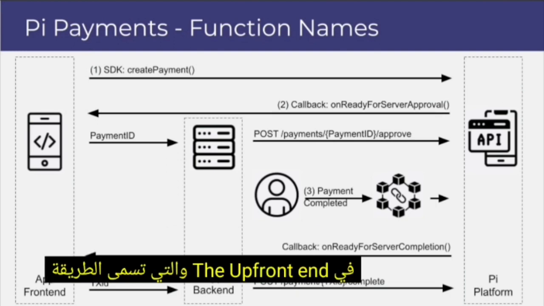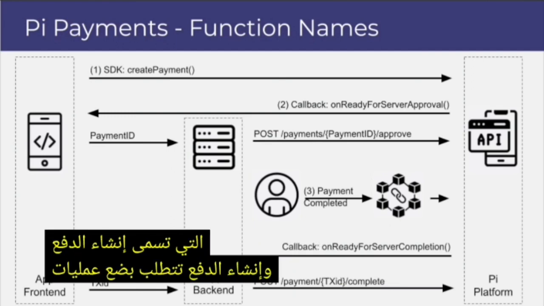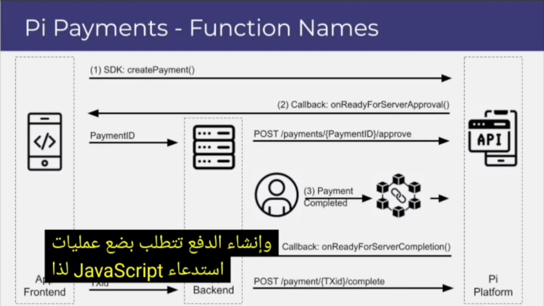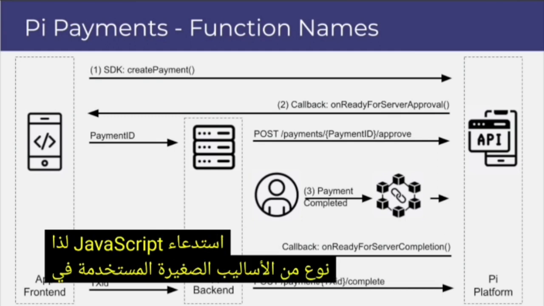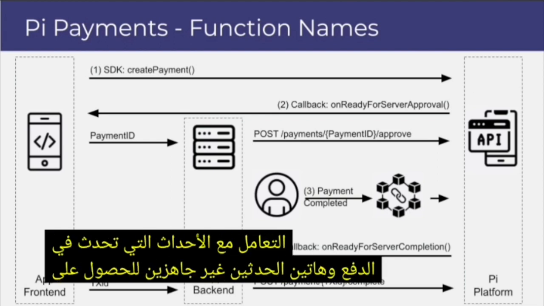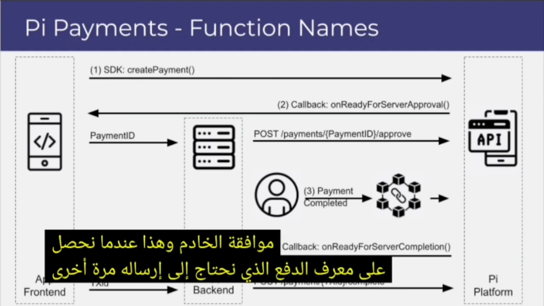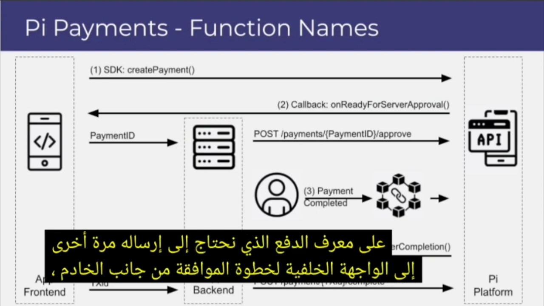And the app front-end calls a method that's called createPayment. And createPayment takes a few JavaScript callbacks, so kind of small methods that are used to handle events happening on the payment. And those events are onReadyForServerApproval. And this is when we get the payment ID that we need to send back to our backend for the server-side approval step.